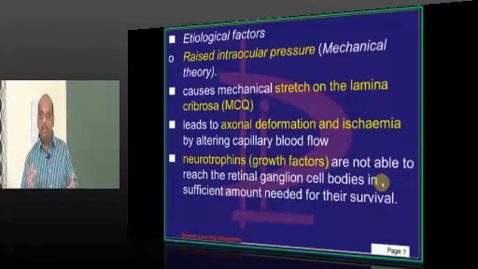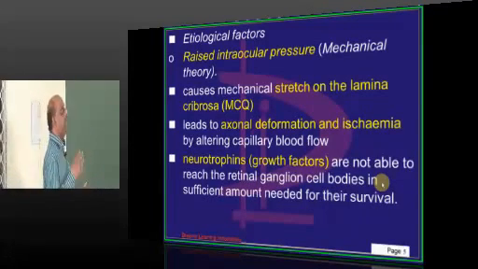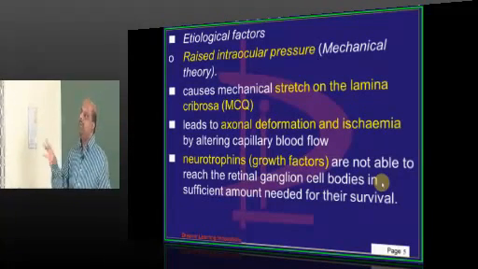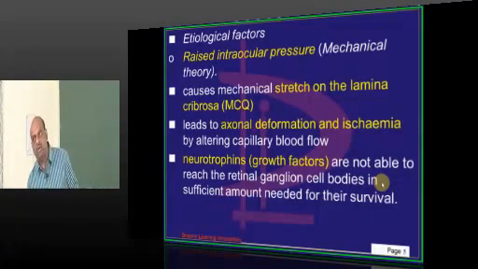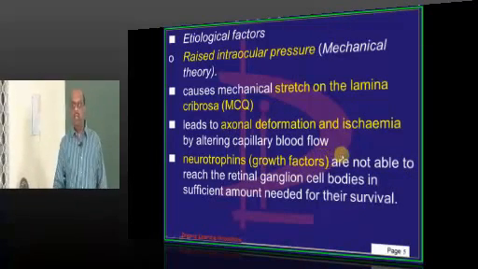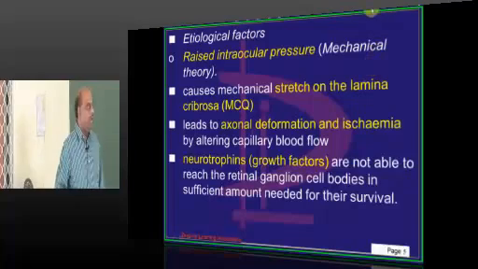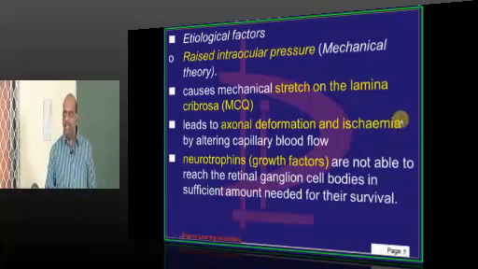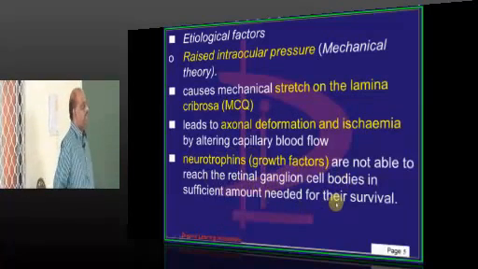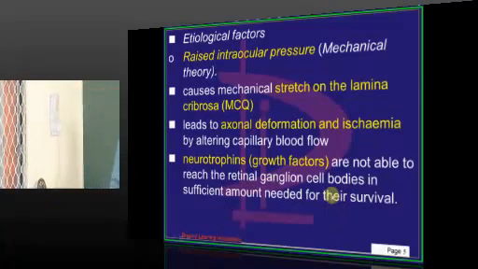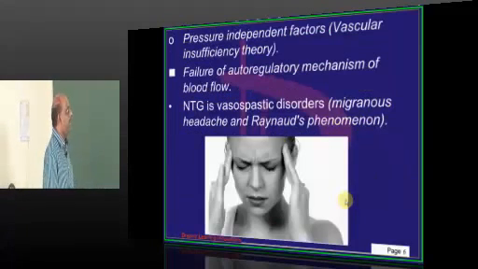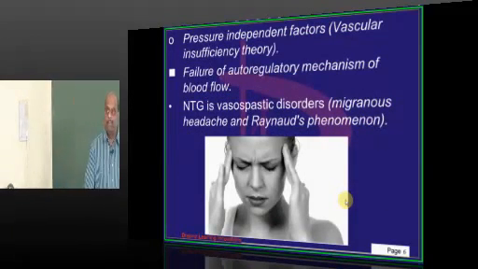Stretching of the lamina cribrosa is one of the important underlying causes for optic nerve damage in glaucoma. Similarly, there will be axonal deformation and ischemia, and because of the high mechanical pressure, the neurotrophins, which are the growth factors, are unable to reach the retinal ganglion cells, which are all implicated as underlying causes of glaucoma.